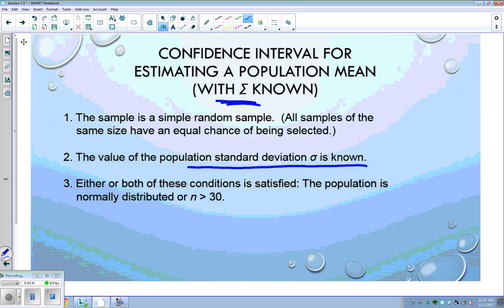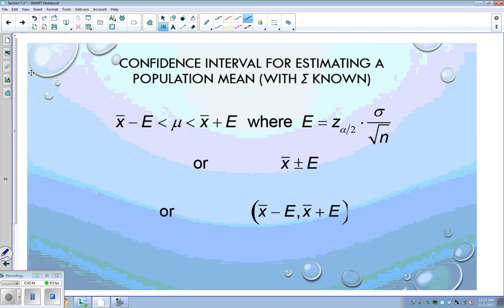So those are my requirements. And just like we did before, we're going to calculate our error. Notice the only thing that's different from the last one is this is Z of alpha divided by 2. When I don't know sigma, it's T of alpha divided by 2. Same exact formula. Okay? And of course, then I'm going to take my mean plus or minus that standard error.